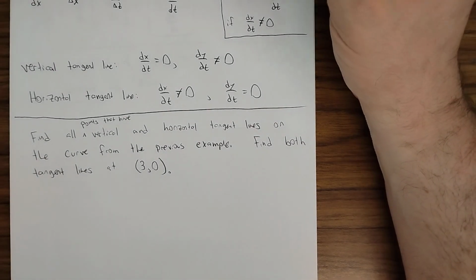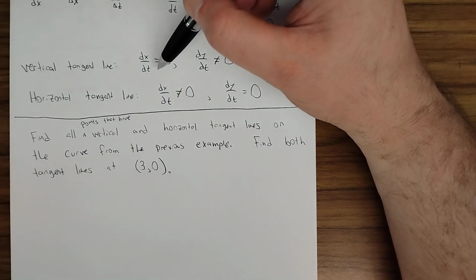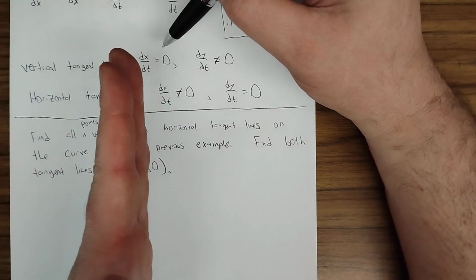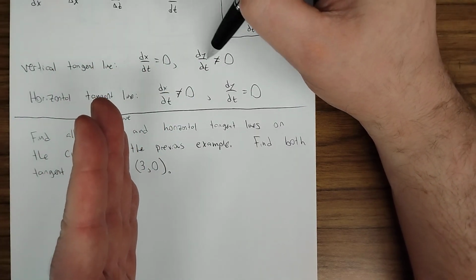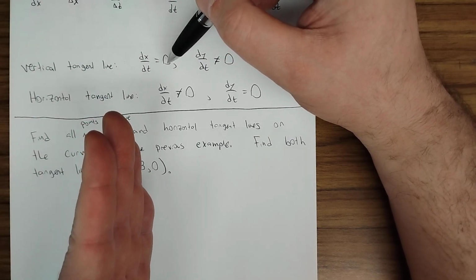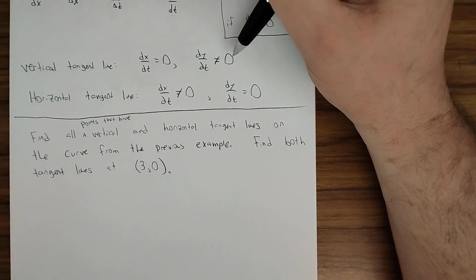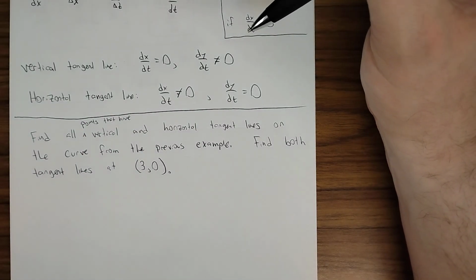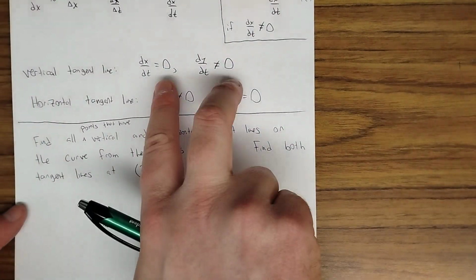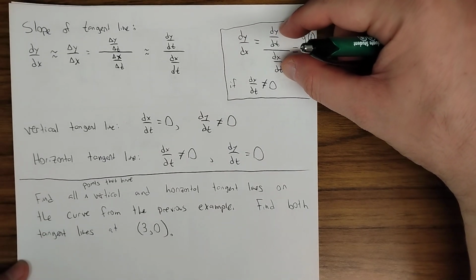By the way, you can have a vertical tangent line. A vertical tangent line is when x is not changing, so you're not moving at all horizontally, but you are moving vertically. So your dx over dt is 0 because you're not moving at all horizontally, and your dy over dt is not 0 because you are moving vertically. Of course, a vertical tangent line has an undefined slope, and this is exactly when you would be dividing by 0 if you tried to use this formula.